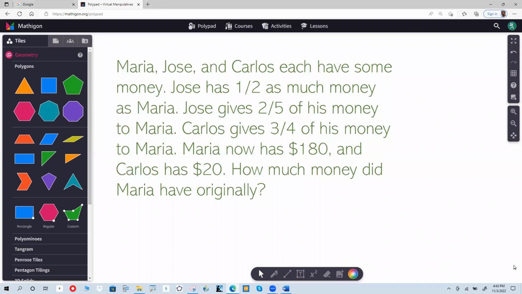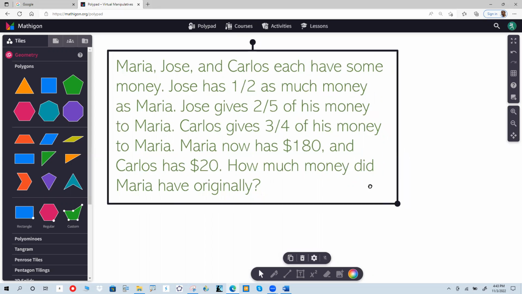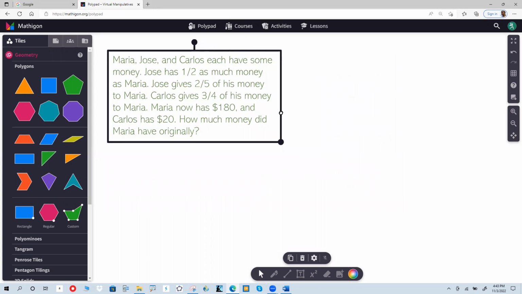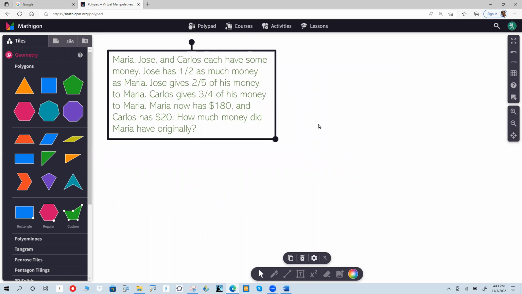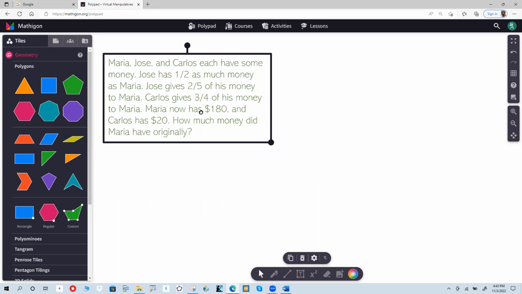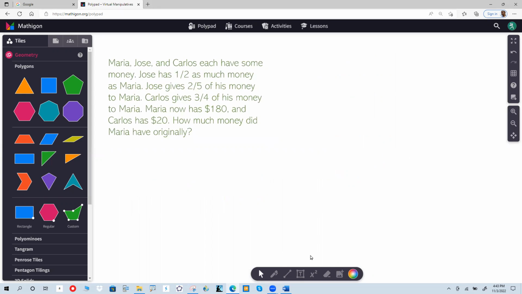So we're going to work on this problem visually. And I have a very clean relationship between Maria's amount and Jose's amount. Jose has half as much money. So let me write down some of these names.